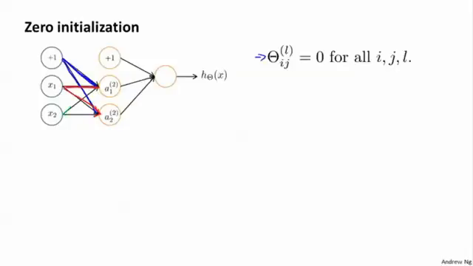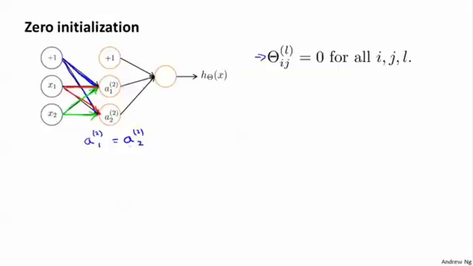And this weight, which I'm coloring in green, is going to equal the value of that weight. That means both of your hidden units, A1 and A2, are going to be computing the same function of your inputs, and thus for every one of your training examples you end up with A1(2) equals A2(2).